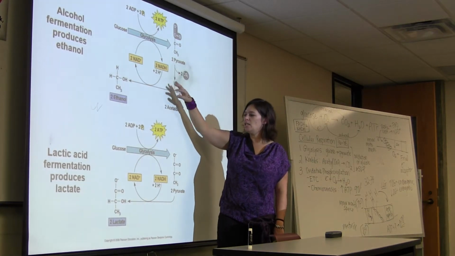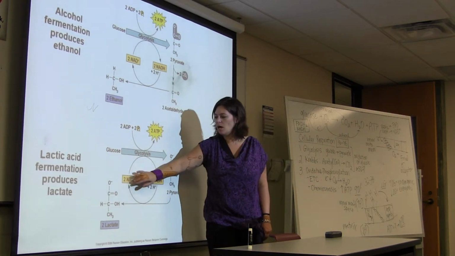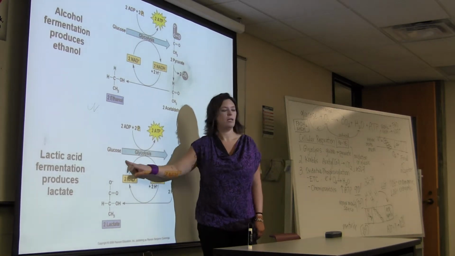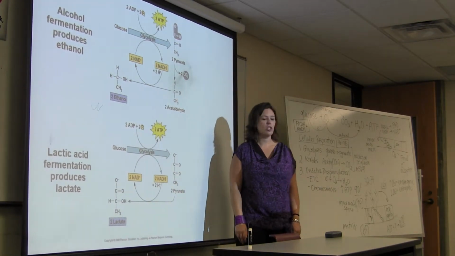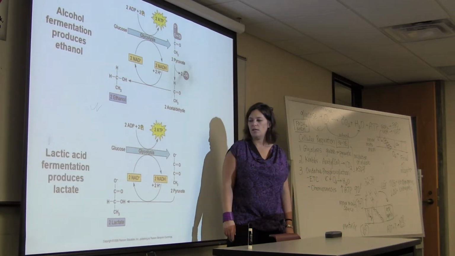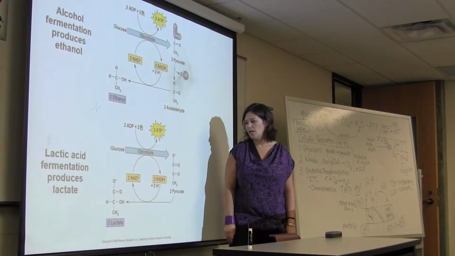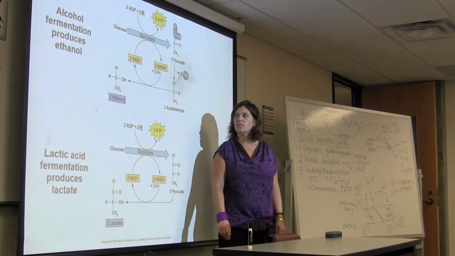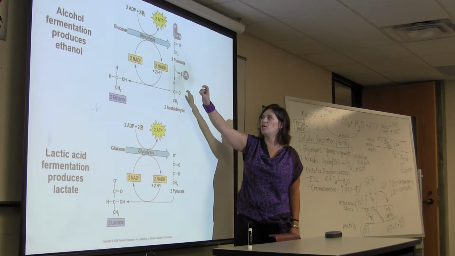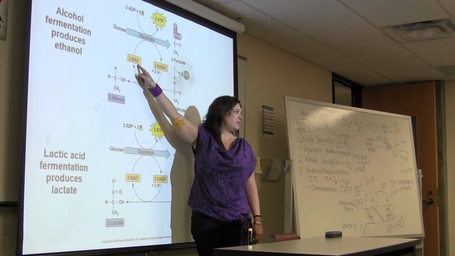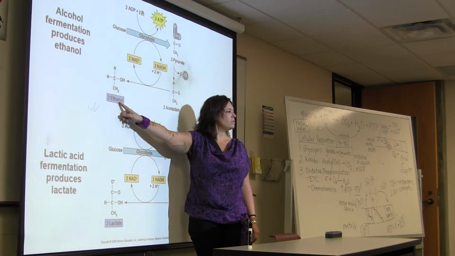In the process, you're oxidizing NADH in order to generate the NAD positive. So the products of lactic acid fermentation are going to be 2 lactic acids and 2 NAD positives. The products of alcohol fermentation are going to be 2 carbon dioxide, 2 NAD positives, and 2 ethanols.